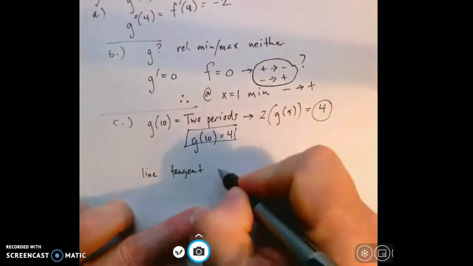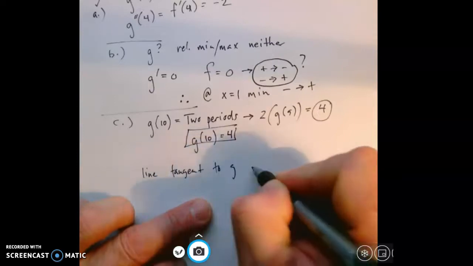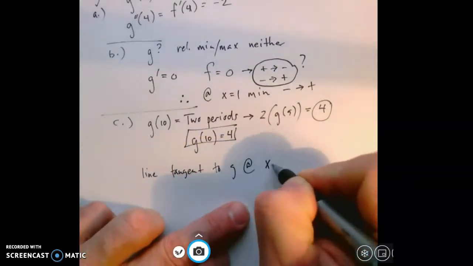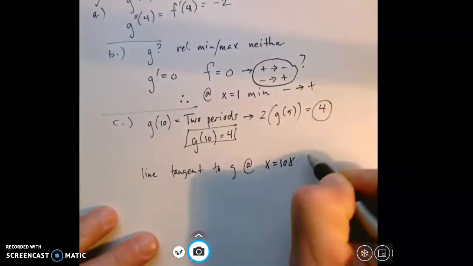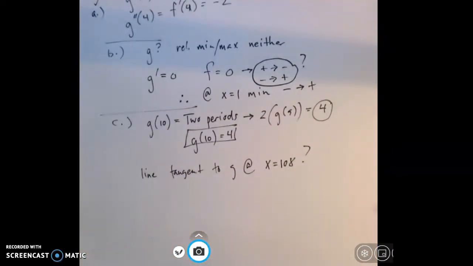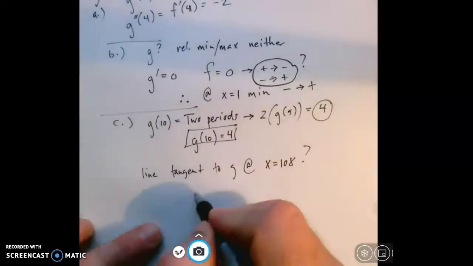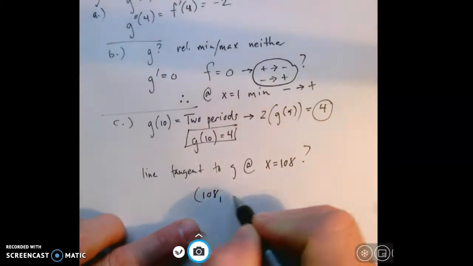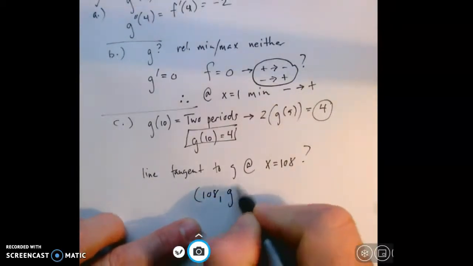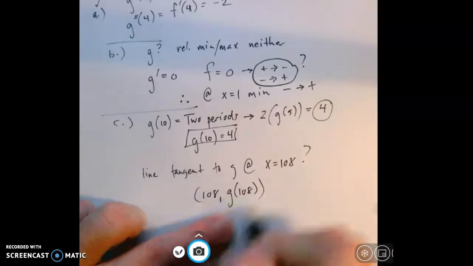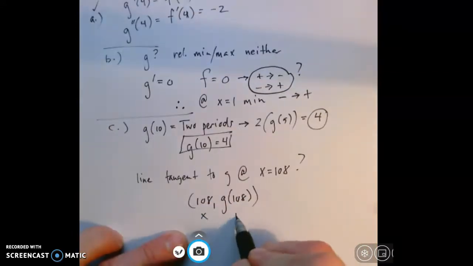Secondly, they ask for the line tangent to the graph of g at x equals 108. But we know, generally speaking, what we're supposed to find is 108, comma, g of 108. In other words, my y value. That's my x, that's my y.